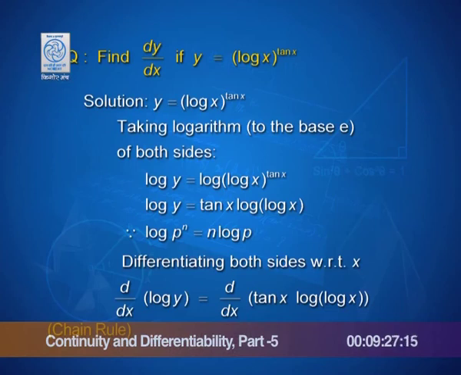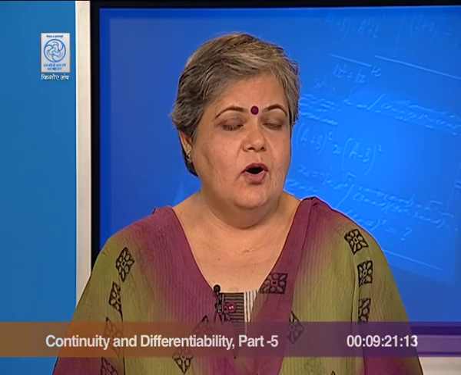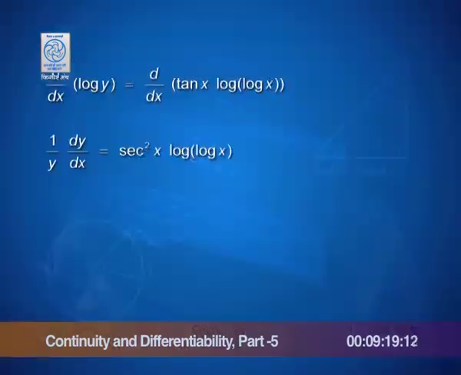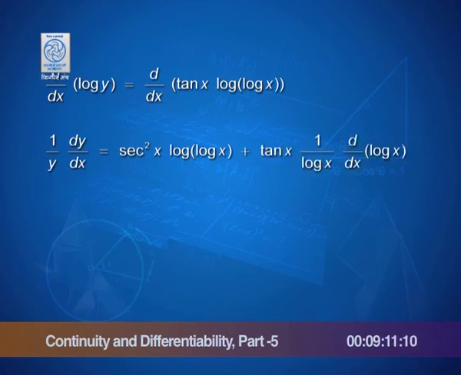So, to differentiate the right hand side, you need the product rule, and therefore, what would be the derivative of log y? 1 by y into dy by dx, whereas the right hand side will result as the application of product rule applied on tan x and log of log x.